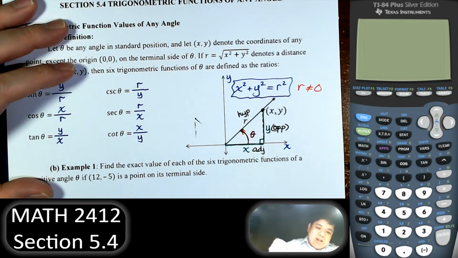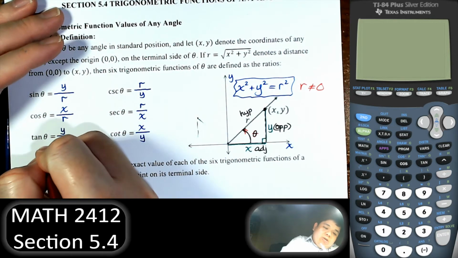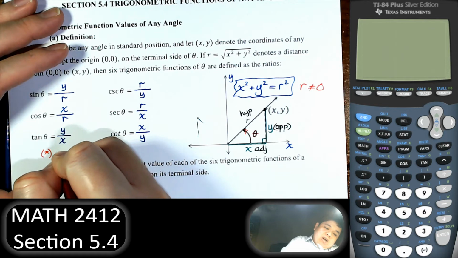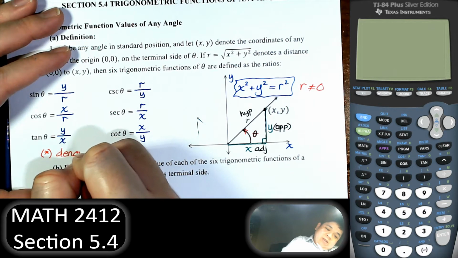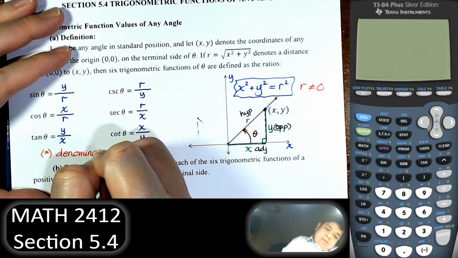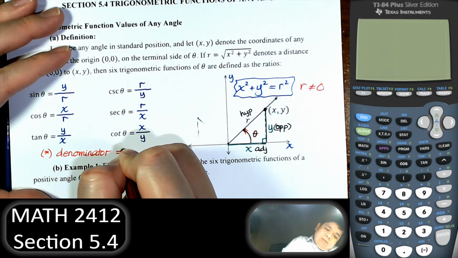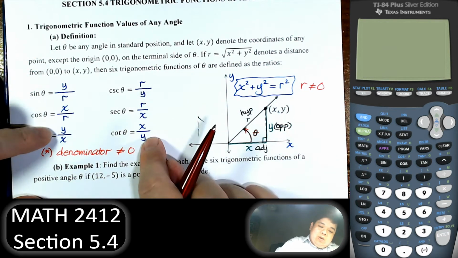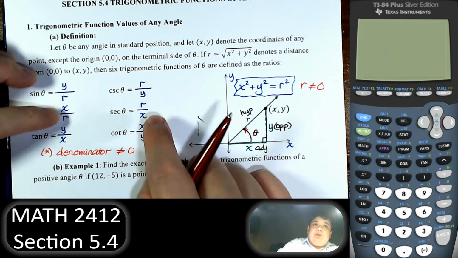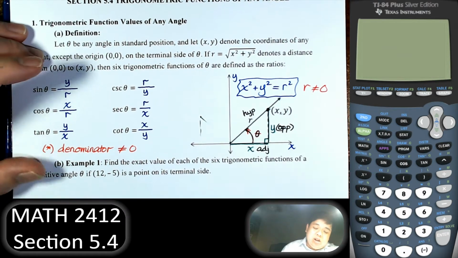So note that I just write in general, make sure the denominator is not equal to 0, so that y is not equal to 0, x is not equal to 0, and so on.